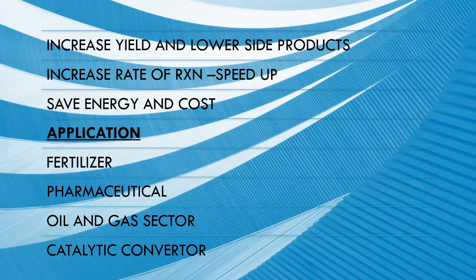It also increases the yield, increases the productivity of whatever final product is needed, and lowers the side products. The rate of reaction increases and the speed is highest. And of course, saving time and cost, saving energy and time as well. It has many applications.